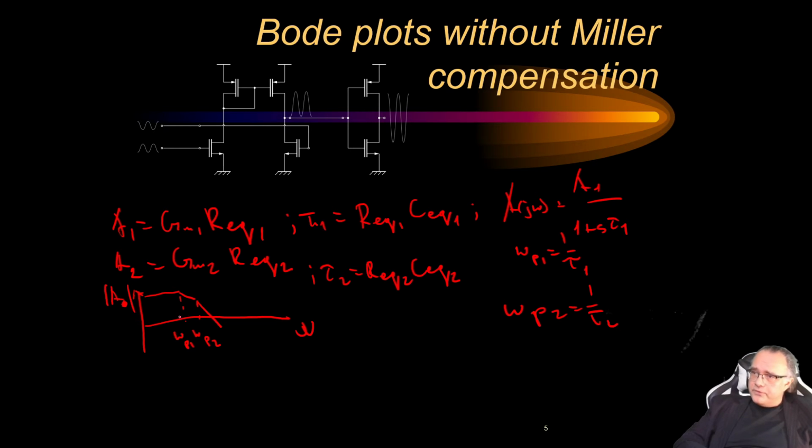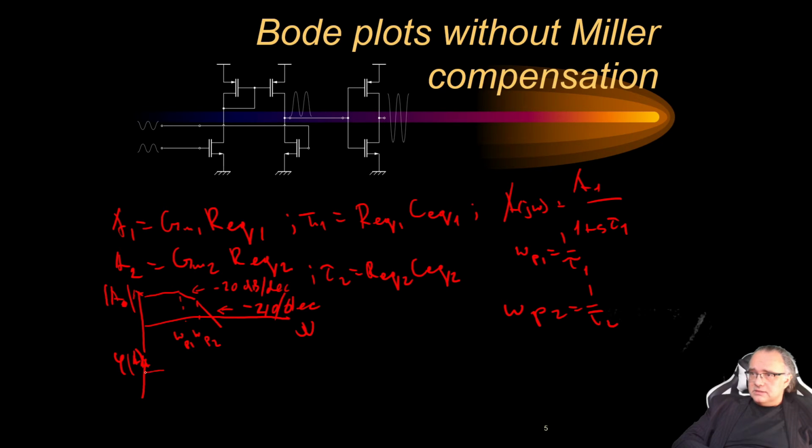Now, every pole frequency reduces the gain, by 20 dB per decade. So here we will have a reduction of the gain of minus 40 dB per decade. That's clear. But what's also important to note is the phase rotation of the gain.